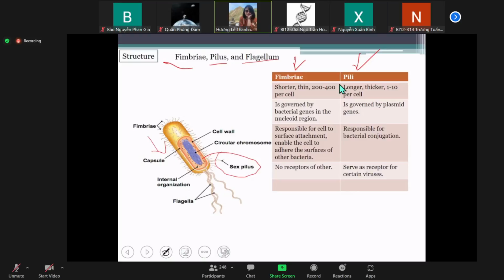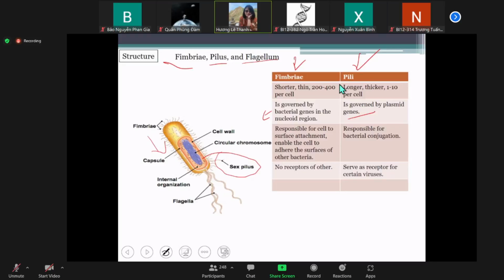The fimbriae are governed by the bacterial genes in the nucleus region. Remember, the main nucleus is the main genetic material of bacteria. And the pili are governed by the plasmid genes. Remember, the extra DNA in the bacteria.